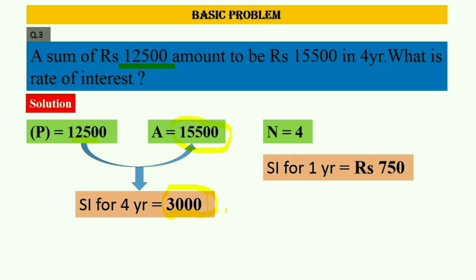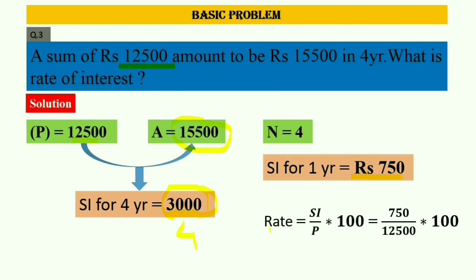So the simple interest for 1 year will be 3,000 divided by 4, which gives rupees 750. Now we apply the formula, rate equals SI by P. Why have I written SI by P?